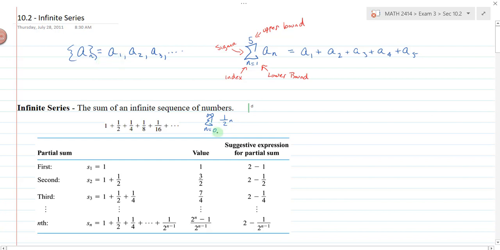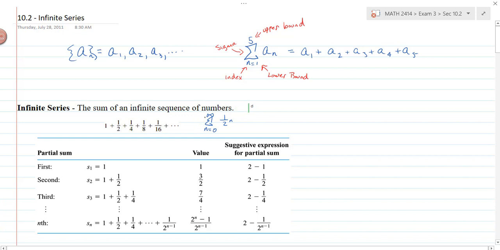But with a series, you can define the starting point based on what your lower bound is. If I were to start this sequence at n equals 0, 1 over 2 raised to a power of 0 is 1. And then 1 over 2 to the first, 2 second, 2 to the third, 2 to the fourth, and so forth and so on. So this is a way that I could represent this infinite sum using sigma notation.